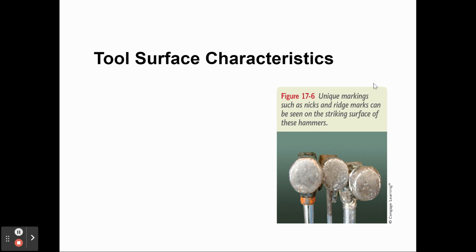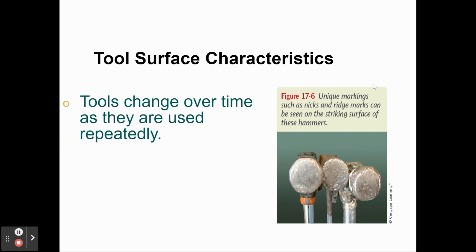So as we look at the surface of a tool, each tool is going to end up with unique characteristics as a result of its use or abuse, as the case might be. So when my sons were younger, they would take hammers and they would beat the tar out of screws that had been screwed into a block of wood.